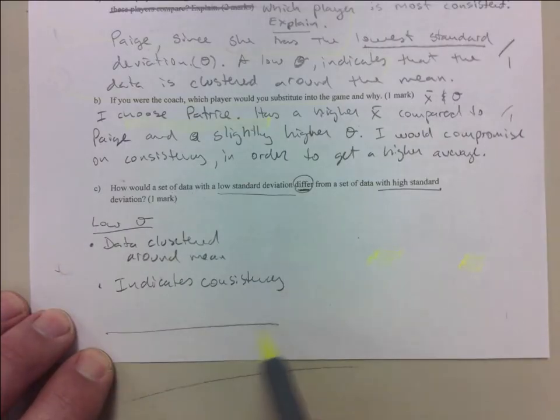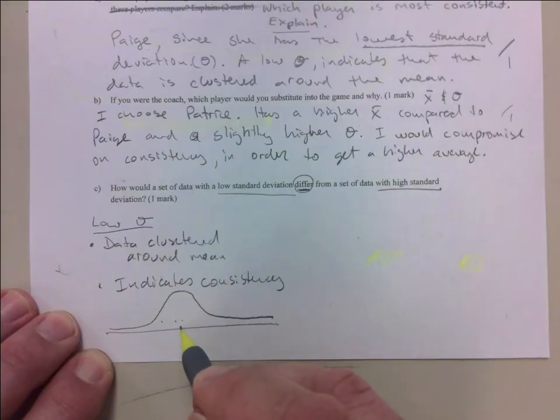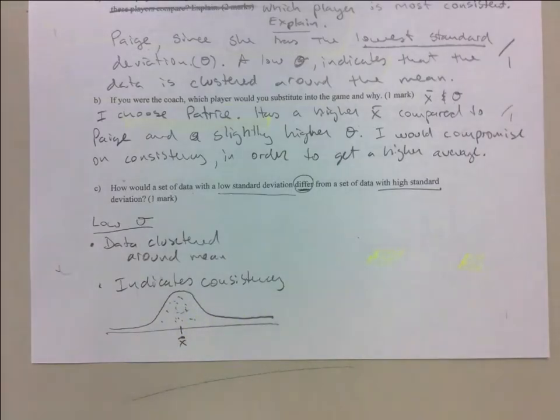I would say that the bell curve would be steeper. If this is your average, most of your data would be stacked here, like we're talking hundreds of data points sometimes. It'll be closer to the mean.